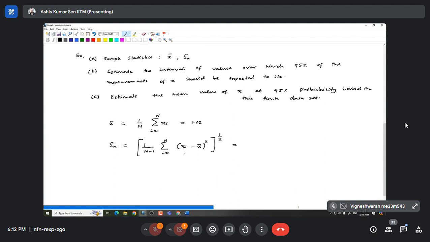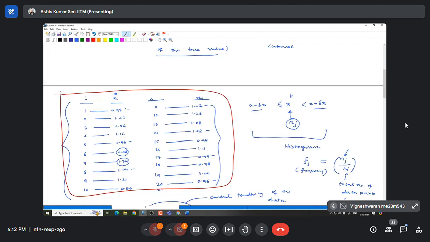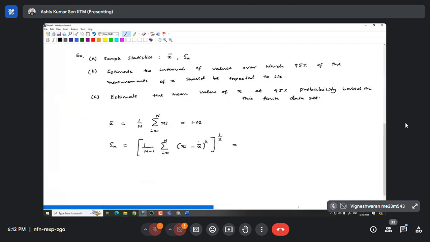So if you take each one of these 20 data points and subtract the mean value, which is calculated here, and square them and add them up and divide by this n minus 1. N minus 1 is basically the degree of freedom, which is 19. 20 minus 1 is 19. So then if we calculate, this will come out to be 0.16. Okay, so we have found the sample statistics.